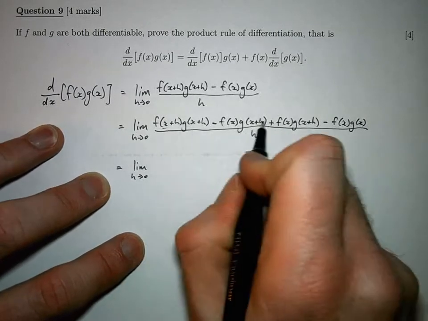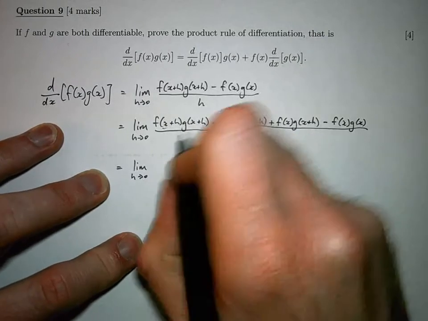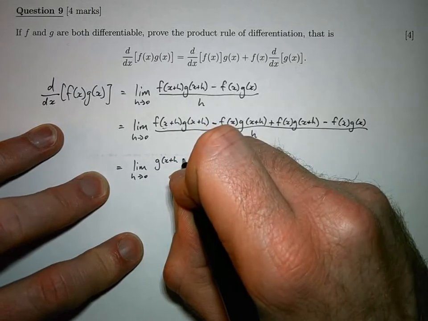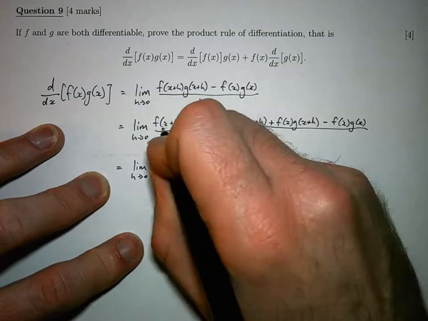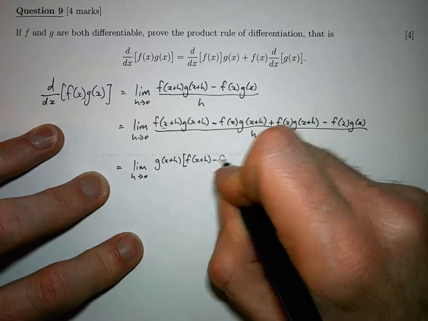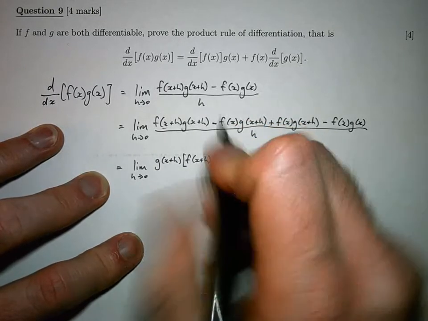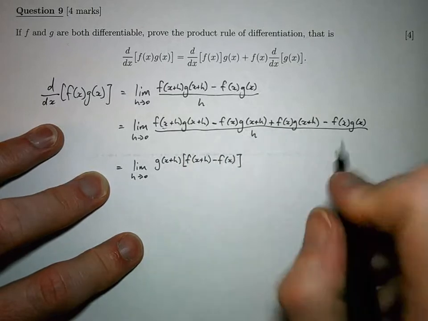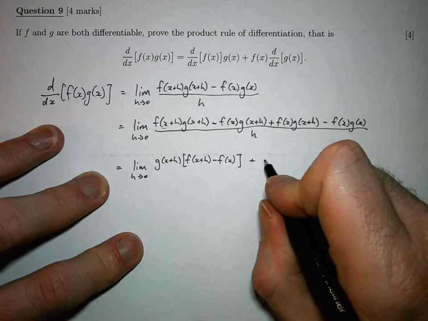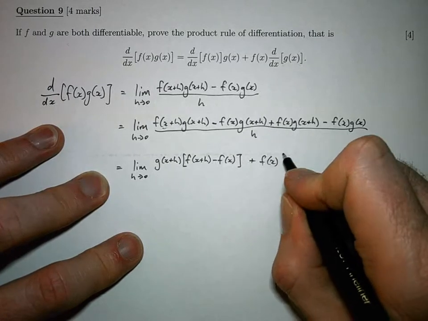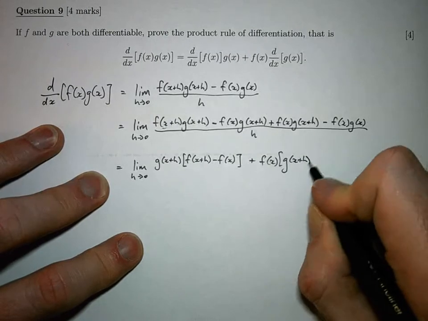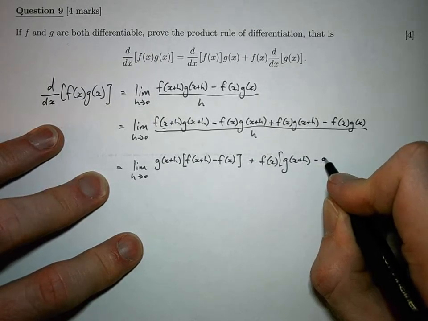Over here we're going to factorize out g of x plus h, and we are left with f of x plus h minus f of x, so that's those two terms over there, plus, and in this case we're going to factorize out f of x, and we take that out and we're left with g of x plus h minus g of x.